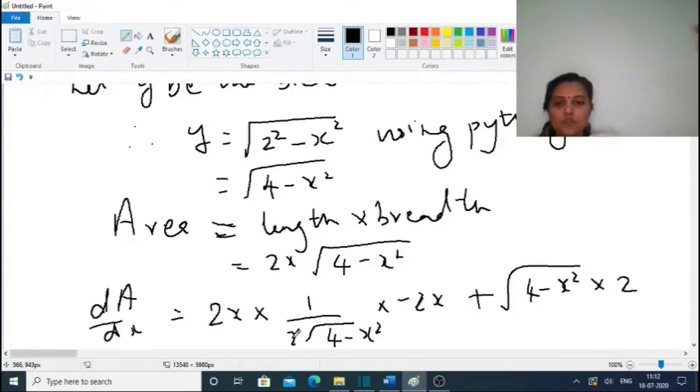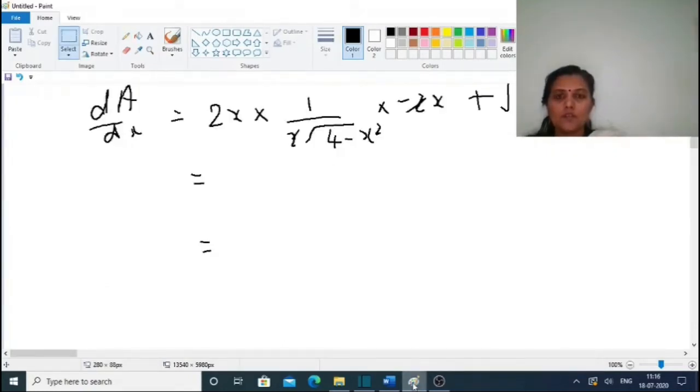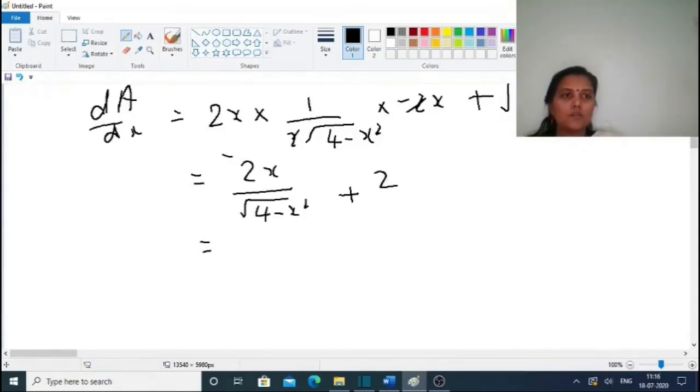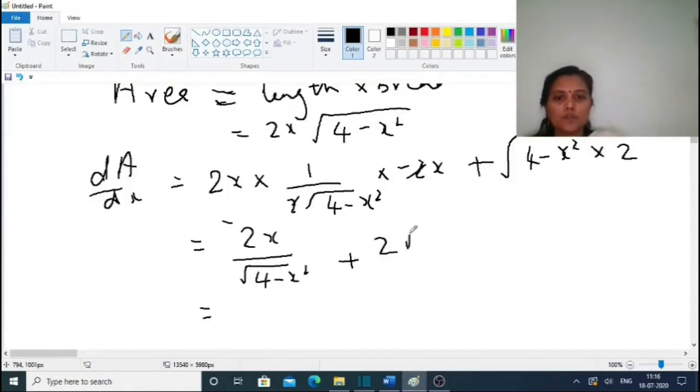This 2 cancels. So this is 2x by square root of 4 minus x square minus 2x plus 2 into square root of 4 minus x square. You can take out this 4 minus x square common.